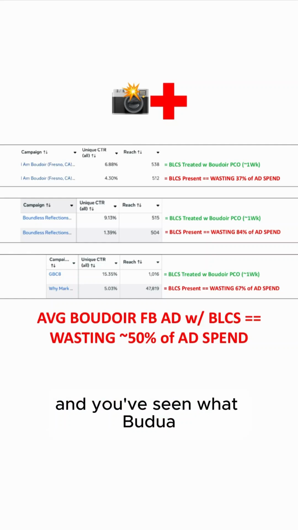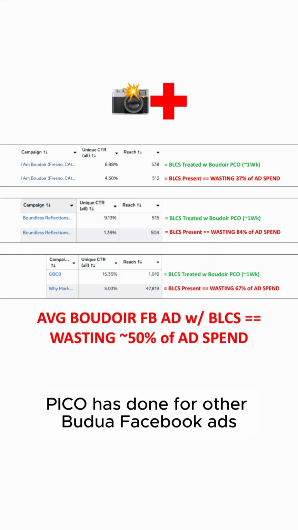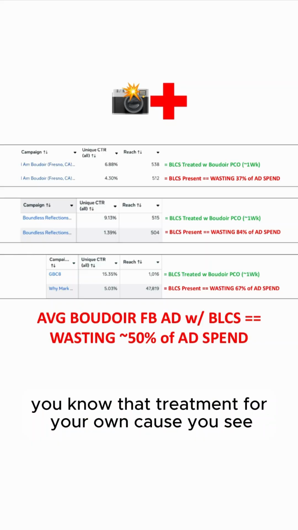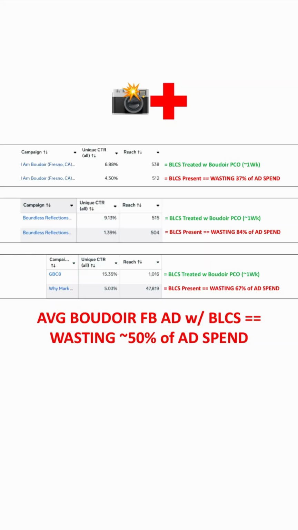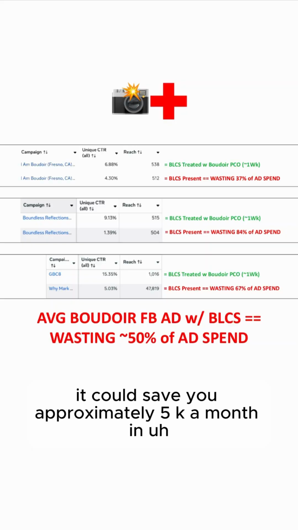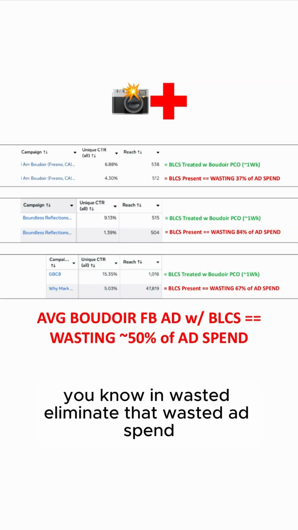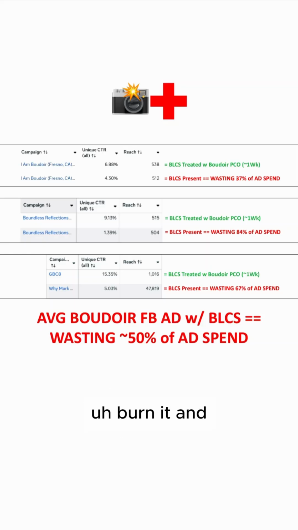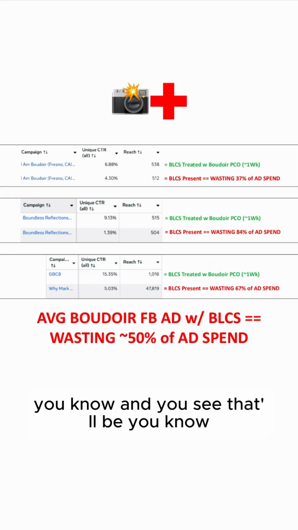You've seen what Boudoir Pico has done for other boudoir Facebook ads, and you want that treatment for your own, because you see it could save you approximately 5K a month by eliminating that wasted ad spend, keeping it in your pocket instead of burning it.